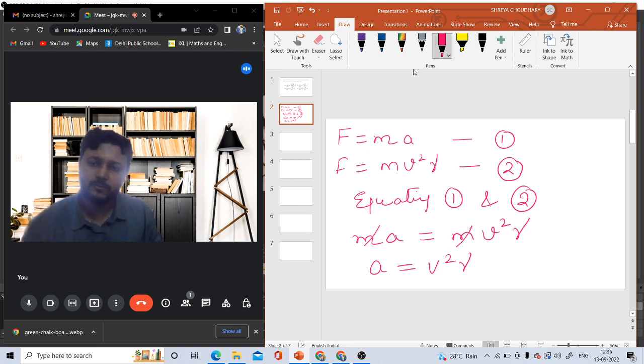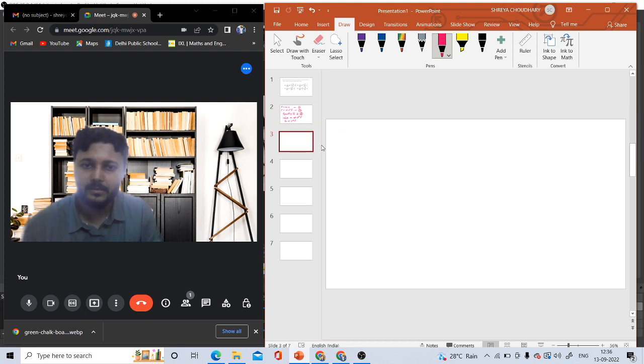Since we have thrown the ball in the upward direction and the ball is experiencing retardation, the net value of a will be minus (g plus gamma v square).